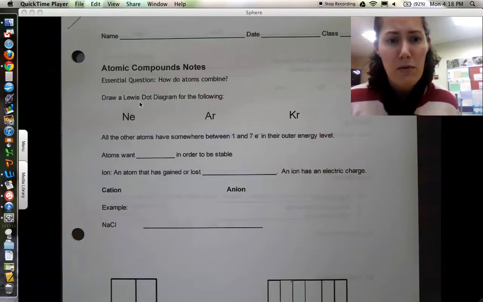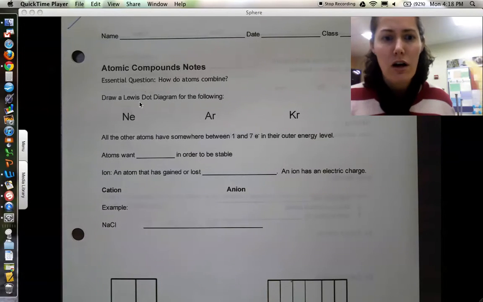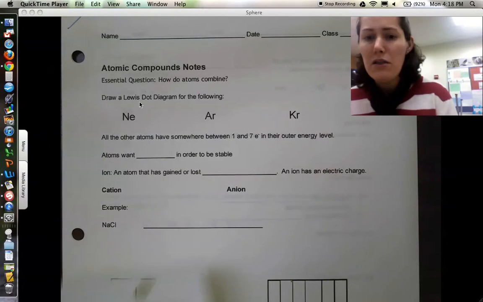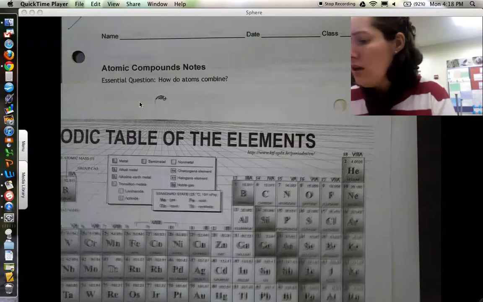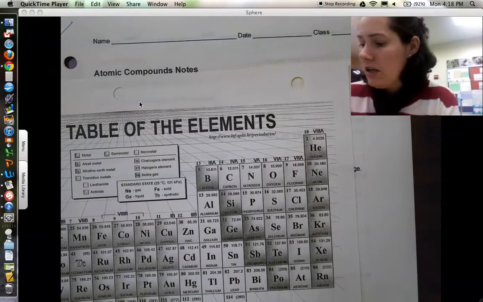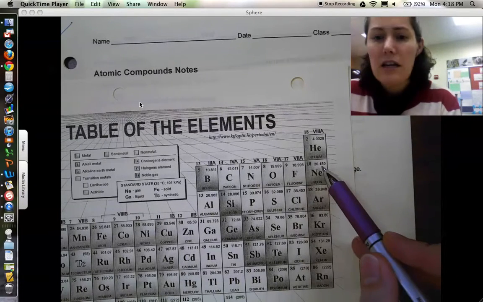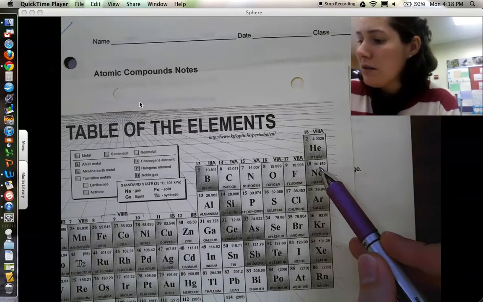So to start out with, we're just going to review how to draw a Lewis dot diagram. We want to draw a Lewis dot diagram for neon, for argon, and for krypton. And so we're going to start by looking at neon on the periodic table. You can see here that neon is right here. It has an atomic number of 10. It has a mass number of 20.